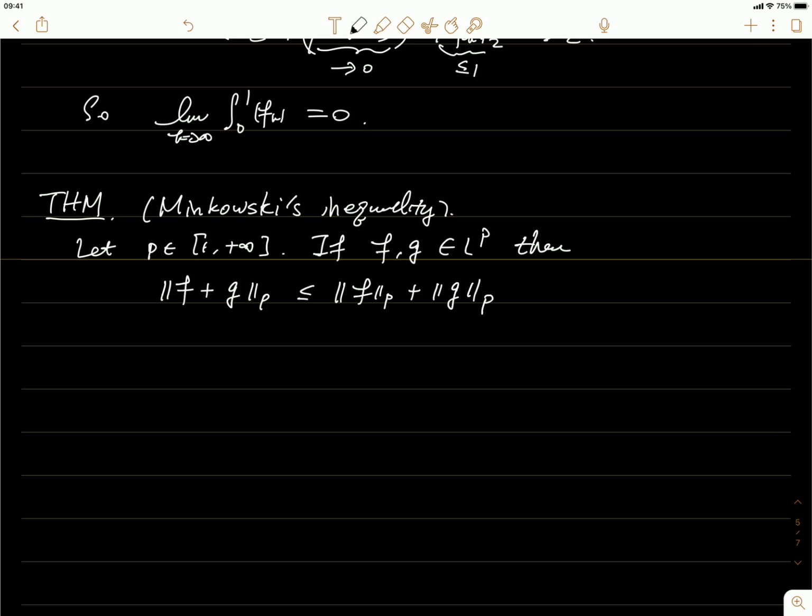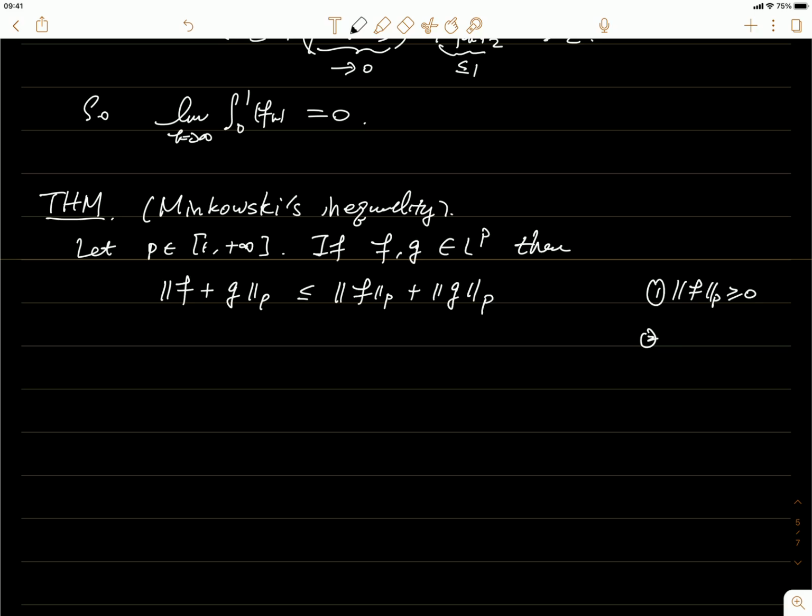Okay, so the significance of this result is that the LP space can have this p norm as a norm, as the actual norm, because we can easily show that the p norm of f is greater than or equal to 0, and is equal to 0 if and only if f is 0 almost everywhere. Right, that's the first one.